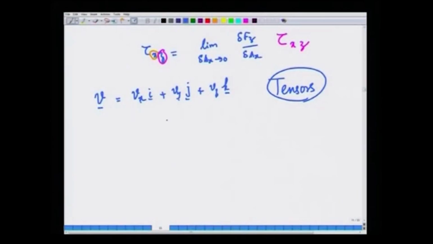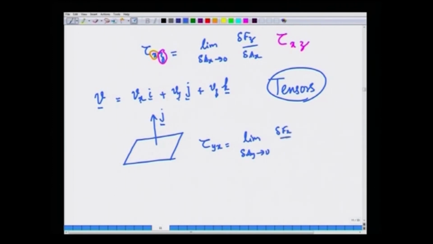Now, just as we defined stresses on a plane whose unit normal is in the plus x direction, we can also consider a plane whose unit normal is in the plus y direction. So, we get tau y x, the limit as delta A y tends to 0 of delta f x by delta A y. Tau y y is the limit as delta A y tends to 0 of delta f y by delta A y. This is sigma because it is a normal stress, so it is denoted as sigma.